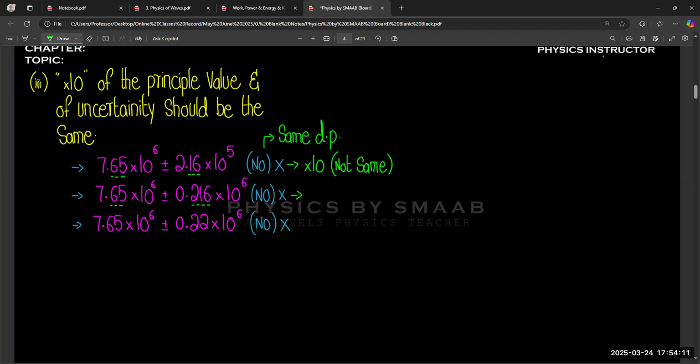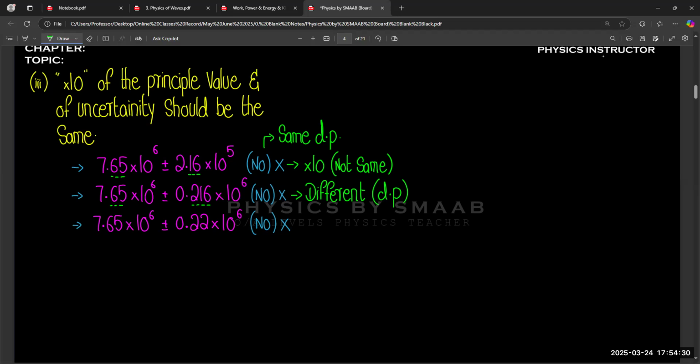So we have different decimal points. That's why option number two is also not possible.